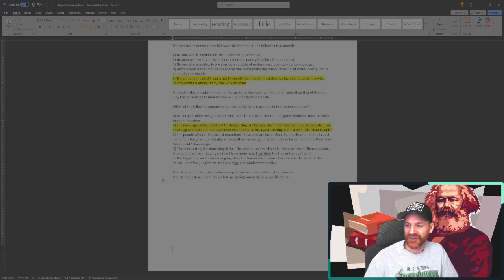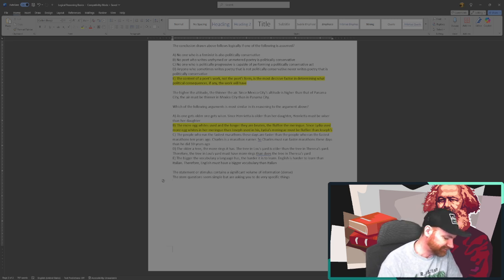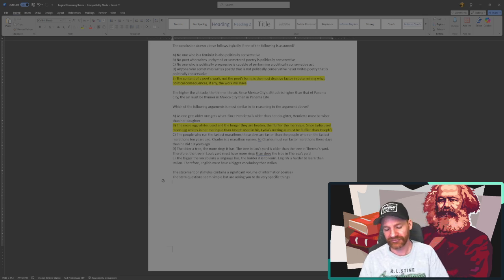Yeah, so the stem questions seem simple, but are asking you to do very specific things. And it's tough for you to know at this point exactly what they're going for. The answer choices are often written in a way that makes it difficult to understand what they actually mean. The answer choices can be vague or misleading.